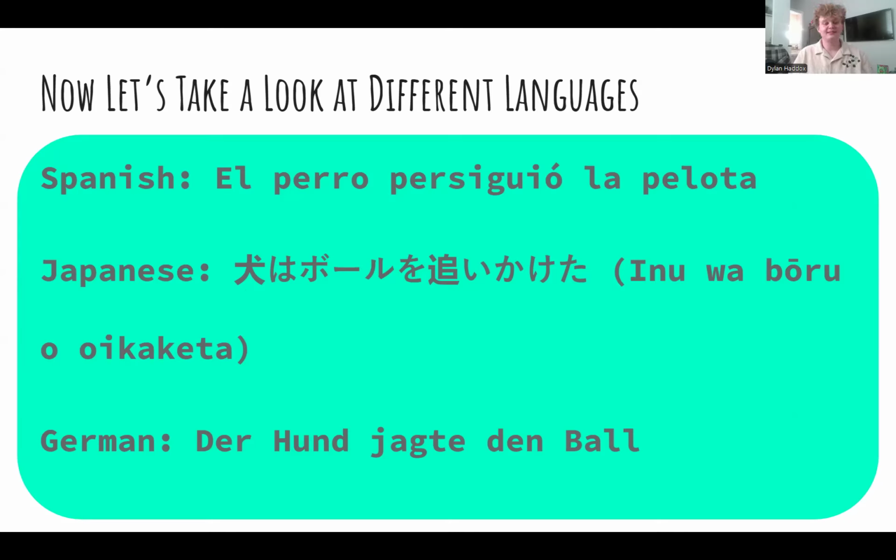So that's really nice. We can immediately say, all right, pero, Hund, and inu are all your subject. And on this next slide, I'm going to have highlighted them. So if you guys could guess which ones are your subject and object, that would be really great. I'm going to give you guys a few moments to answer that.